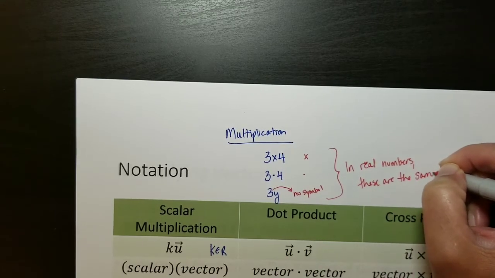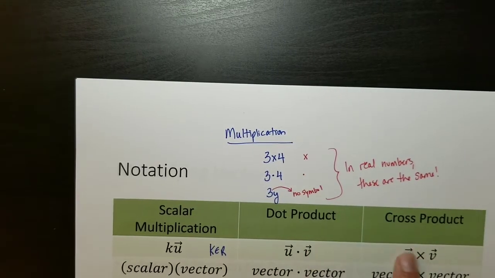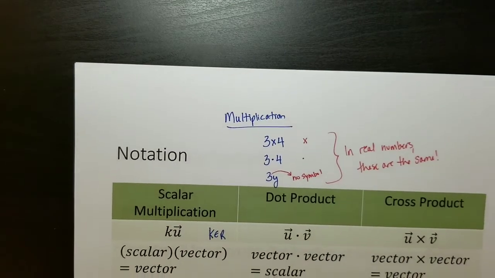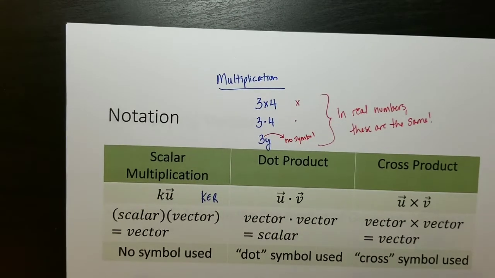So in real numbers these are the same, but here they're not. We very specifically use these to distinguish between the three different types of multiplication with vectors.